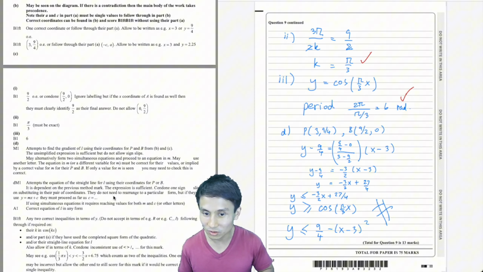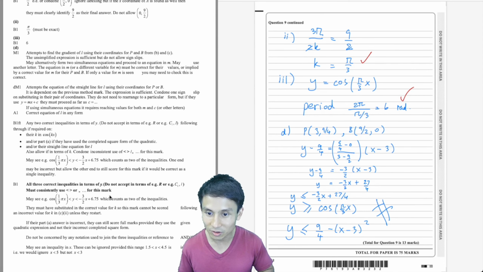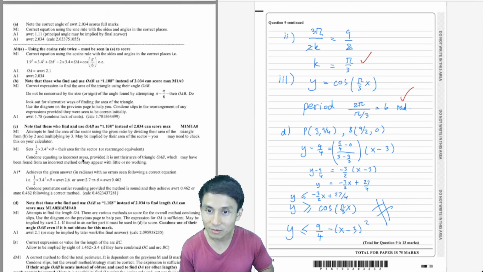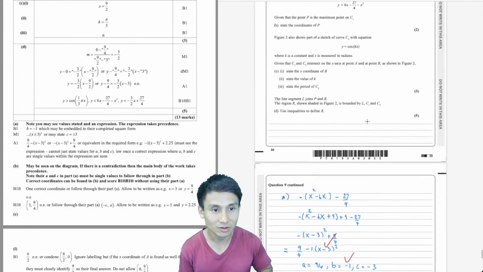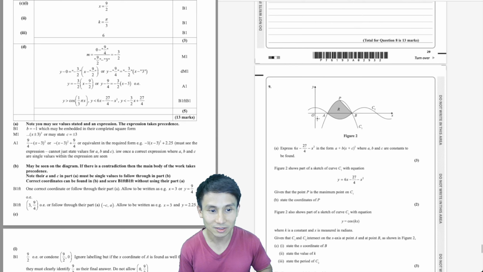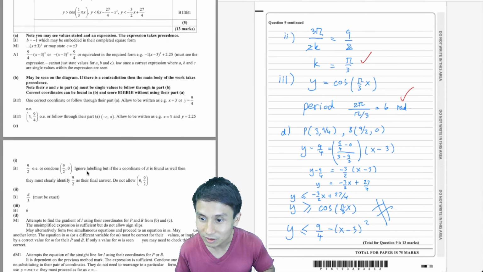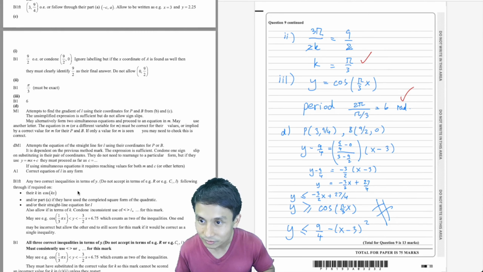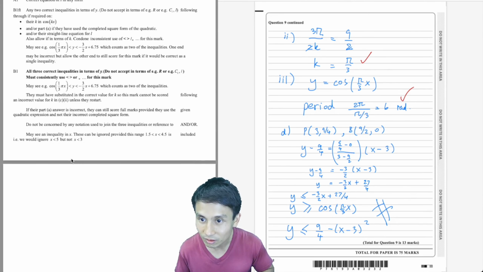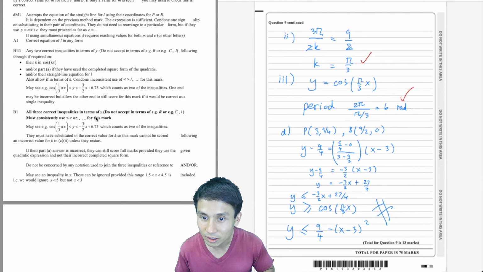Do they condone less than or equal? Because I have an equal sign there. I had an equal sign to every part because these are solid lines, right? So that was my logic there. So I'm just going to see if they allow it for D here. Must consistently use that, or yeah, I think they do.